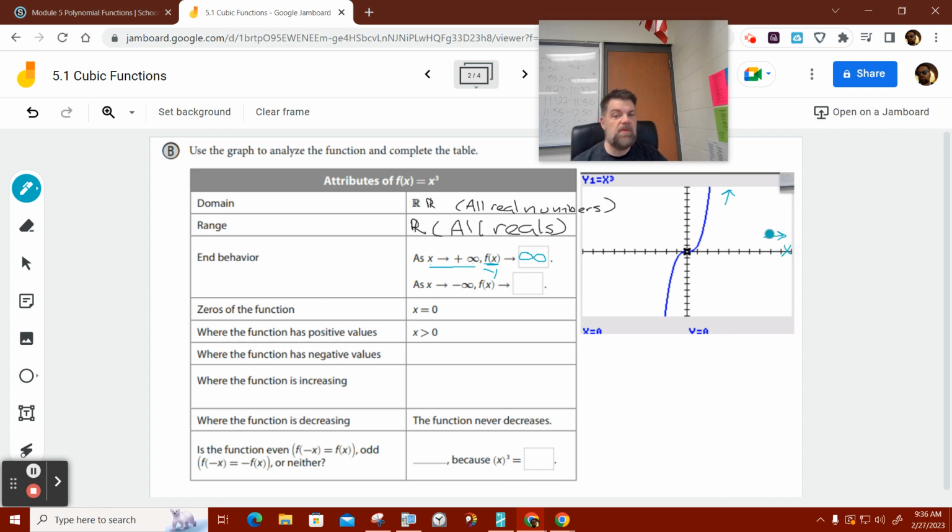This is really hard for people to understand for a couple of reasons. Usually, it goes towards some sort of infinity, whether it's positive or negative. And then they get confused. Am I supposed to track the y or am I supposed to track the x? And the answer is yes, both. You look at the x and figure out what the y is doing.